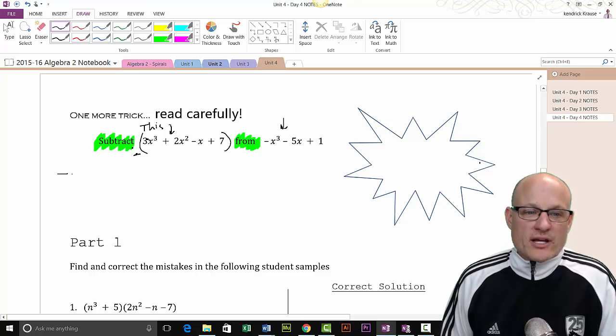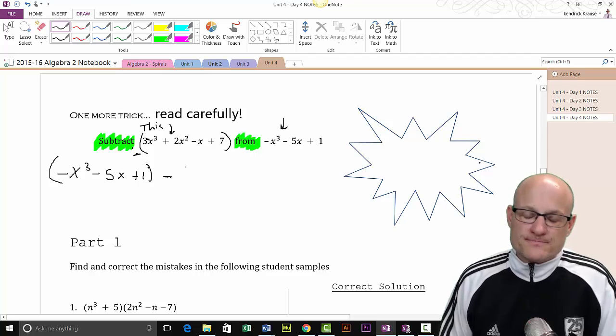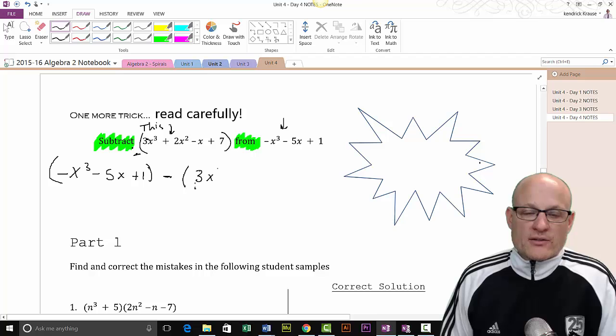So really what you have here is negative x cubed minus 5x plus 1, that trinomial, minus this, 3x cubed plus 2x squared minus x plus 7.